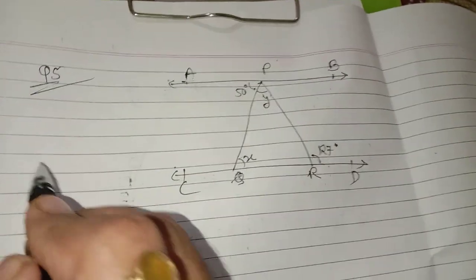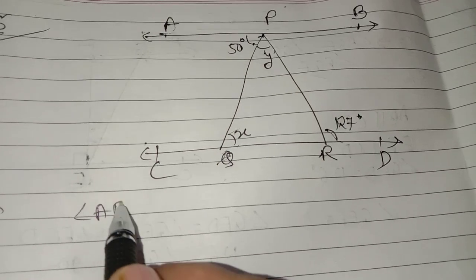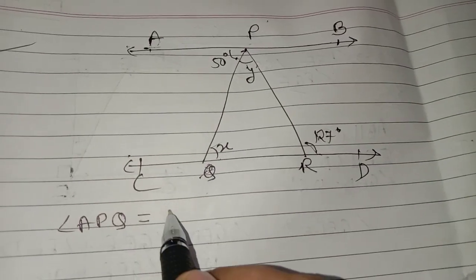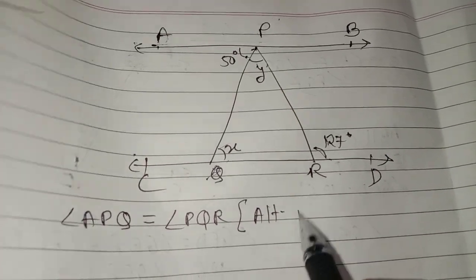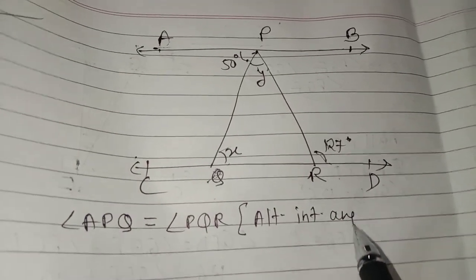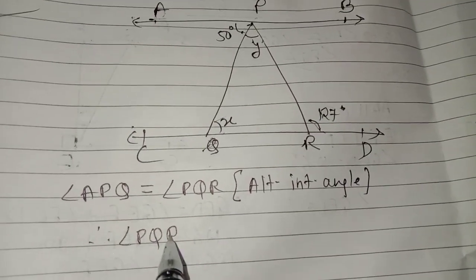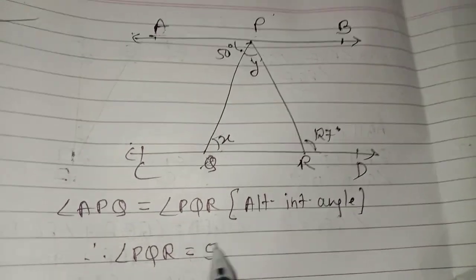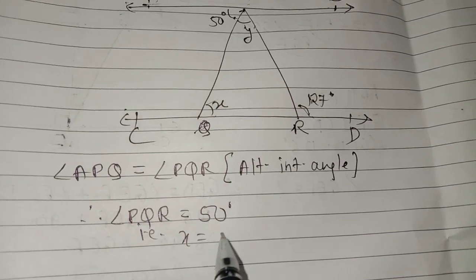Simply I will write the solution: angle APQ is equal to angle PQR. What is the reason? They are alternate interior angles. So I got angle PQR is equal to 50. PQR, that is X, is equal to 50.